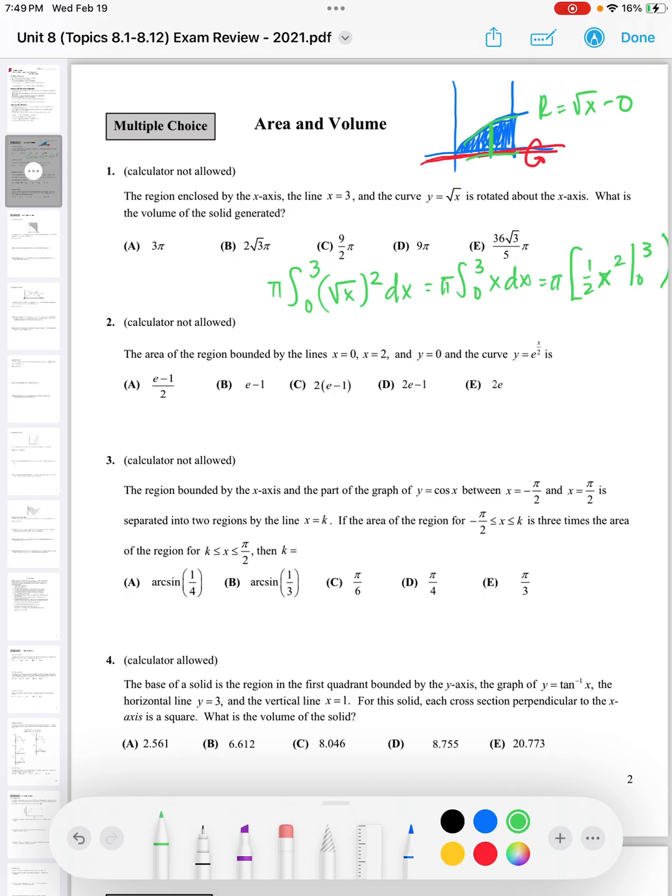And then I'm going to plug in f of b minus f of a. So the pi stays out in front. F of b is going to be 3 squared, which is 9, divided by 2, minus plugging in 0, which is going to be 0. So my answer for this one is going to be 9 pi over 2.